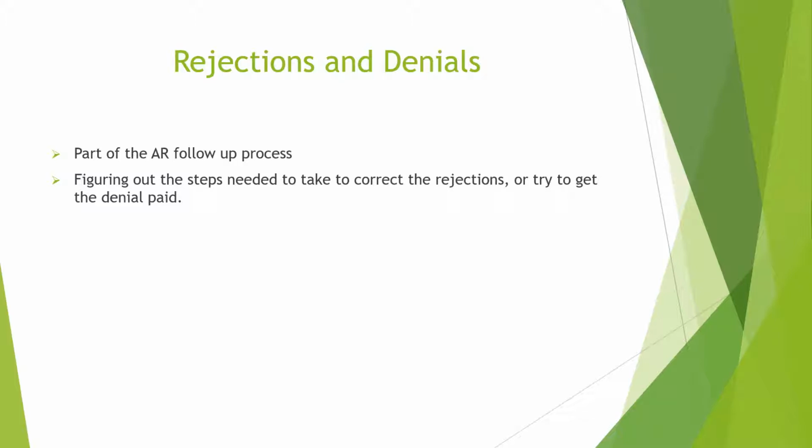A rejected claim is one that contains one or many errors found before the claim is processed. These errors prevent the insurance company from paying the bill as it is composed, and the rejected claim is then sent back to us from the clearinghouse in order for us to correct it. A rejected claim may be a result of a billing error, or it could come down to a mismatched procedure code or ICD codes.